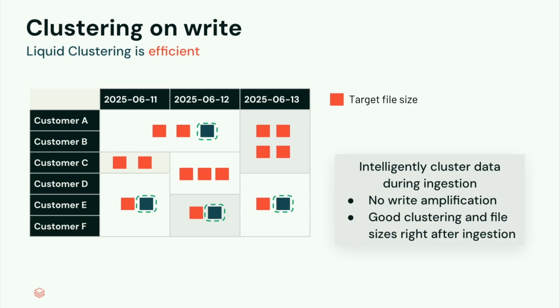And basically what happens is we can go and co-locate the new data into the same layout as what we had before. So what this gives us is no write amplification. You didn't have to run optimize to do table maintenance. And you get the improvements immediately. You don't have to wait for your maintenance operations.